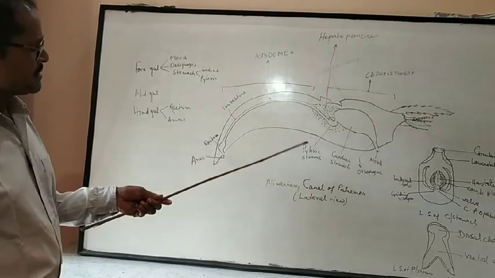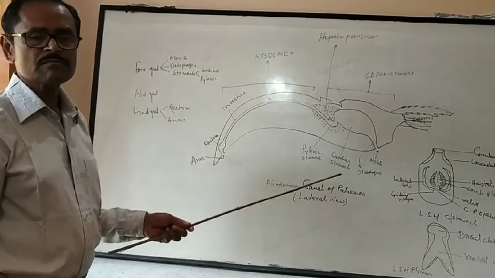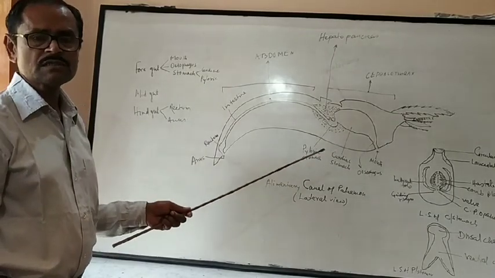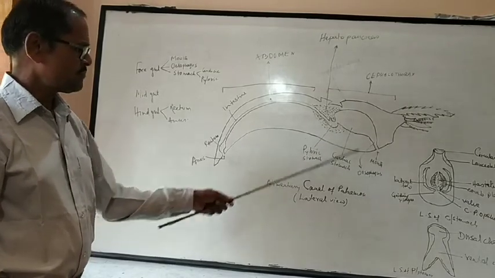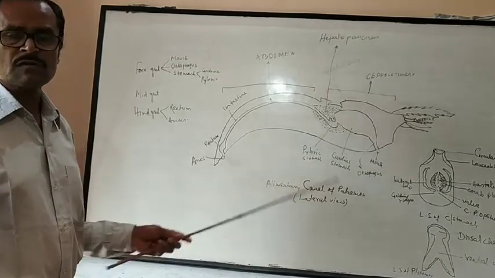So this is the total mechanism of food digestion, absorption and egestion of the digestive system or alimentary canal.